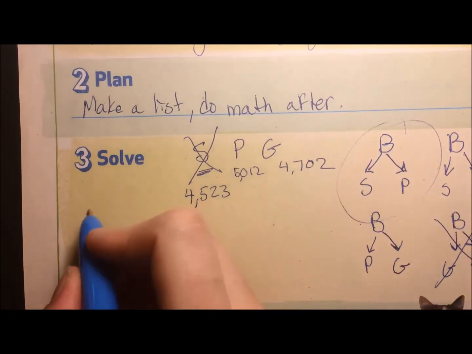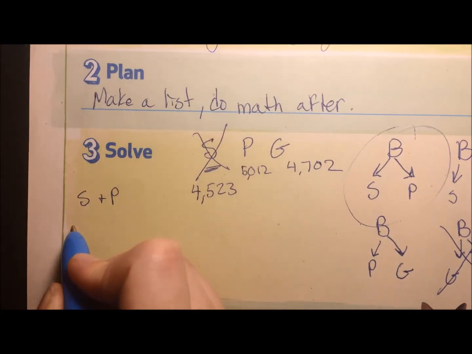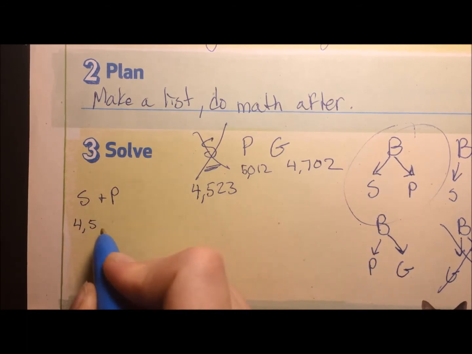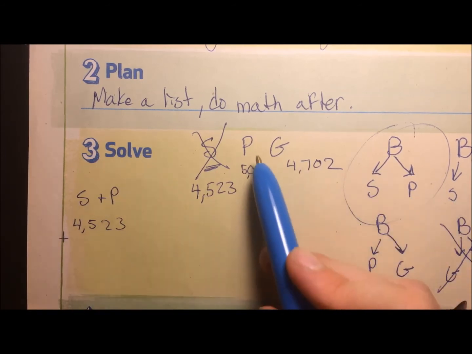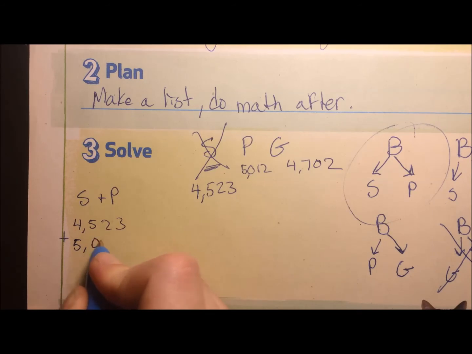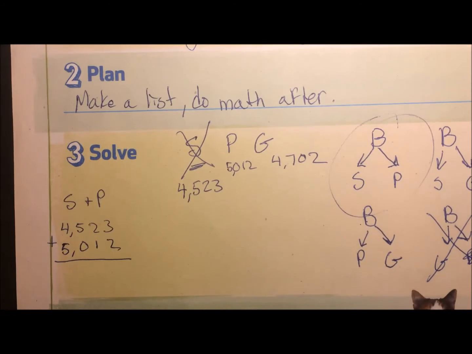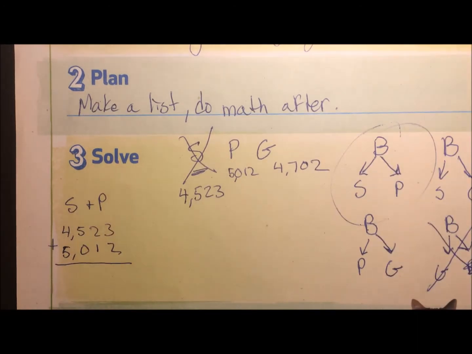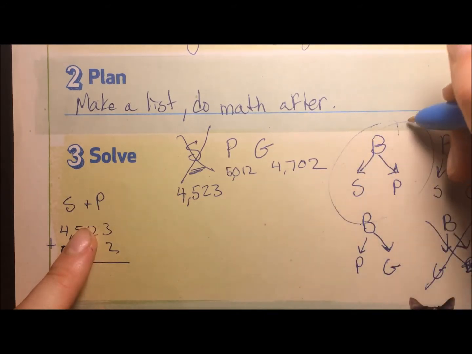So this first one is S plus P. S plus P would be Snuggles, 4,523 plus P. P we decided was 5,012. Make sure to pause the video if I'm going too fast, because I'm going pretty fast. You need to have all of this on your page, so make sure that you pause me if you need to. Okay, then combination-wise, so that's this one.